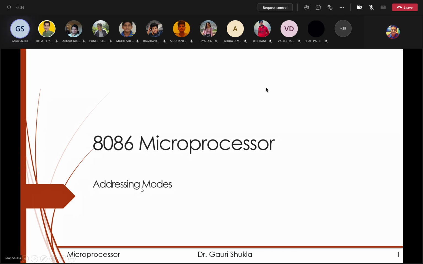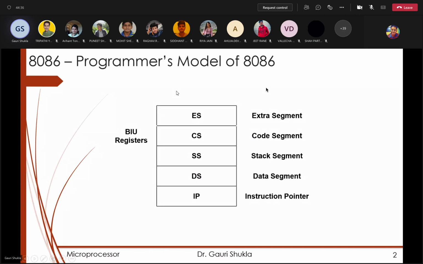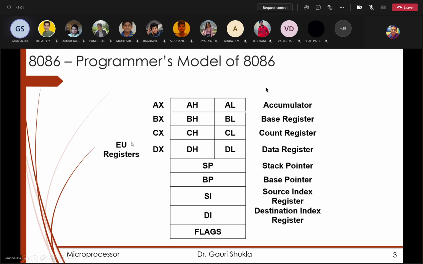To begin with this addressing mode, we should know what is the 8086 programmer's model. So this is what we have just done. The bus interface unit has various registers: extra segment, code segment, stack segment, data segment, and instruction pointer, correct? So if somebody asks you to draw the programmer's model of 8086, you should be able to give all these things.